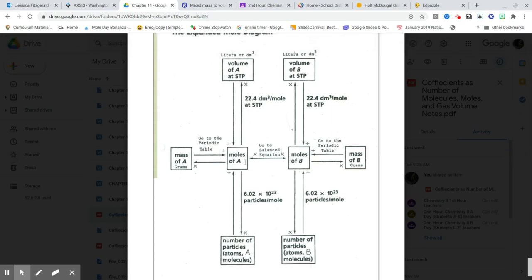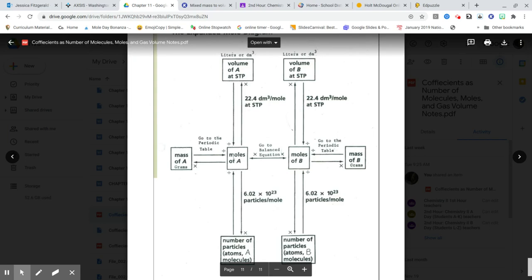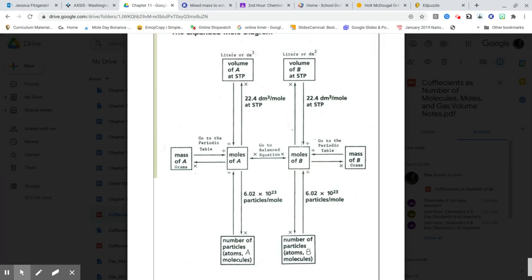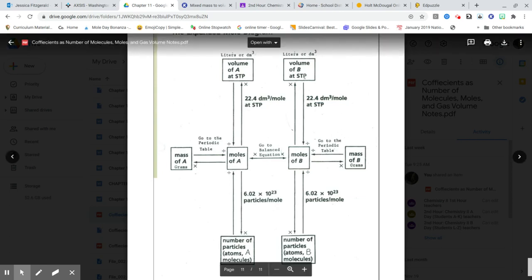Then we went a step further and went from mass of A to mole of A, mole of A to mole of B, mole of B to mass of B. Now, with this particular problem, we are going to start with mass because we're given 80 grams. So we're going to go mass of A to mole of A, mole of A to mole of B. And then we're going to jump up to our volume using our 22.4 liters in our problem.